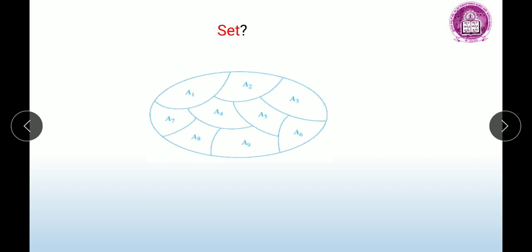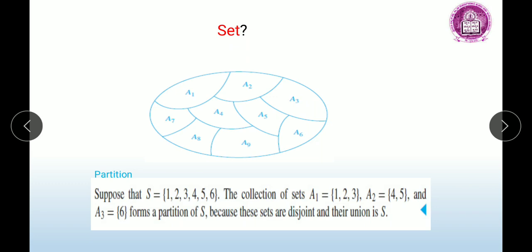Now, once set is defined, you can talk about partition of a set. For example, in this figure, if you see a collection where it is partitioned into different parts, part A1, A2, A3 and so on, there are 9 parts here. So what is a partition of a set? For example, here, suppose that S is the collection of numbers 1, 2, 3, 4, 5, 6.